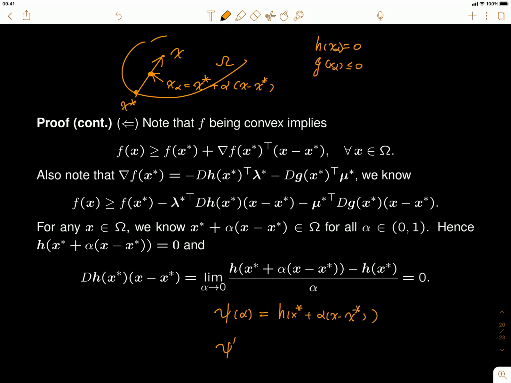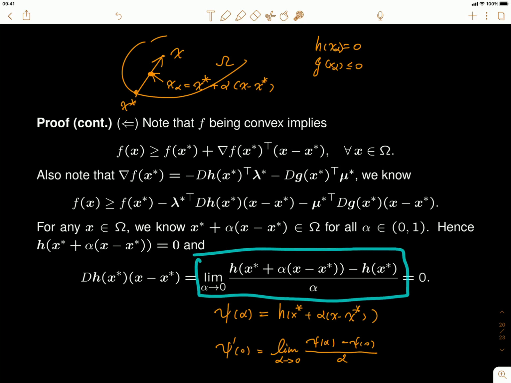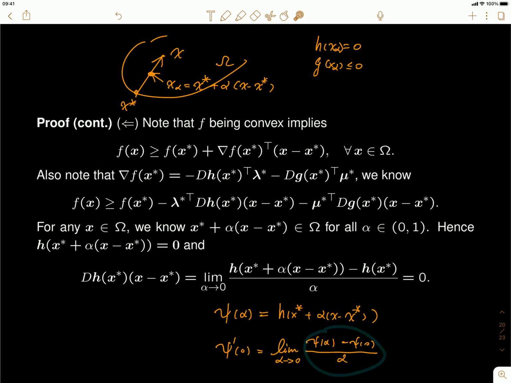So psi prime at 0 is the limit as alpha goes to 0 of psi of alpha minus psi of 0, divided by alpha. We know this must be equal to 0 since this quantity is 0 for any alpha. That implies this term is equal to 0, so it is just gone.